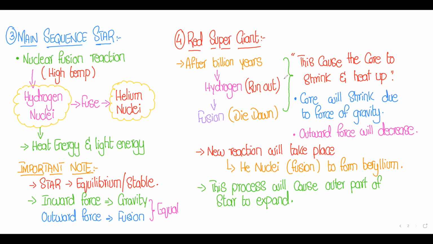Yeah. And now we know that we are running out of fusion reaction. So it means now no more extra thermal energy is going to come out from the star.